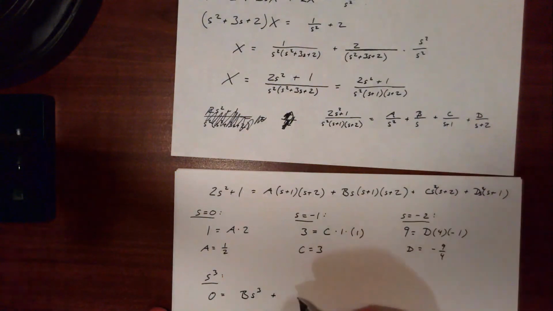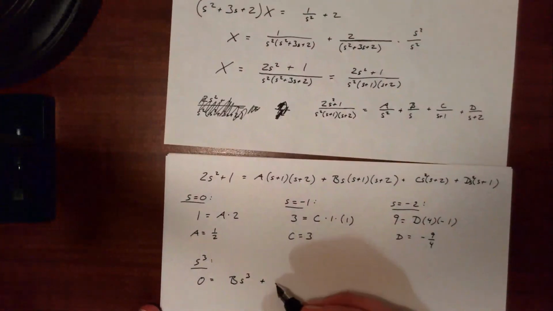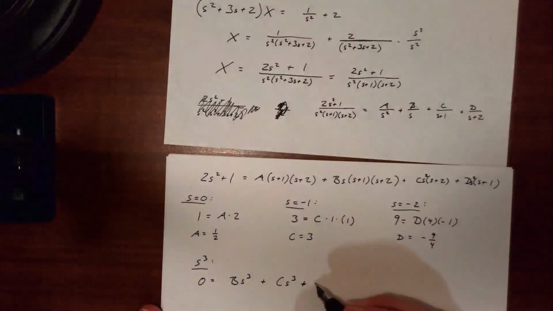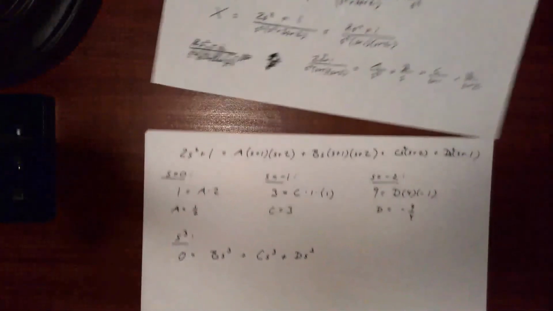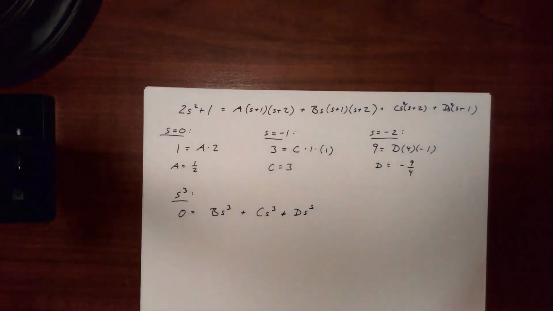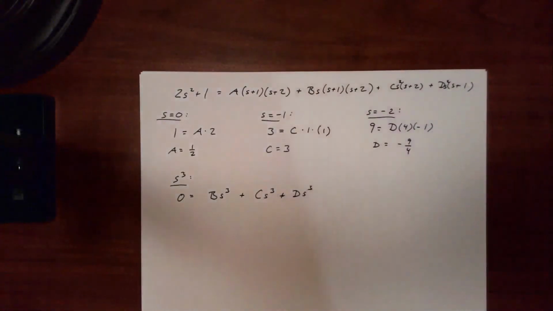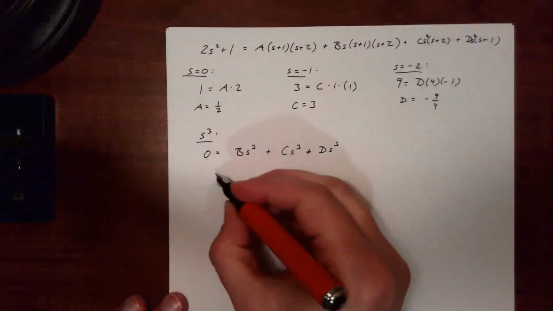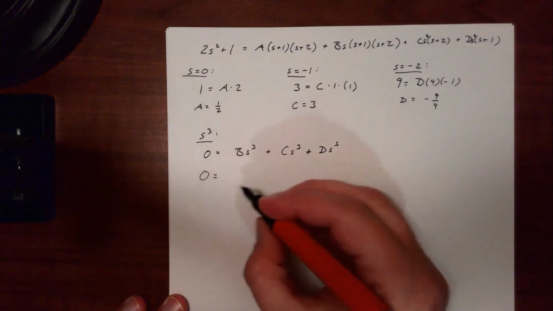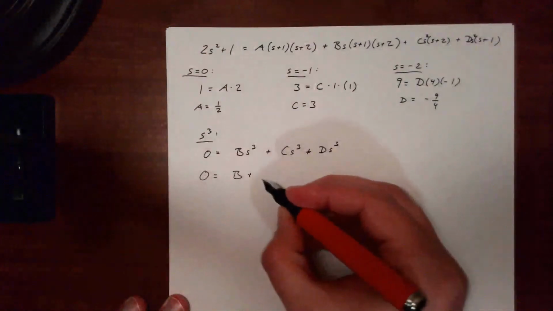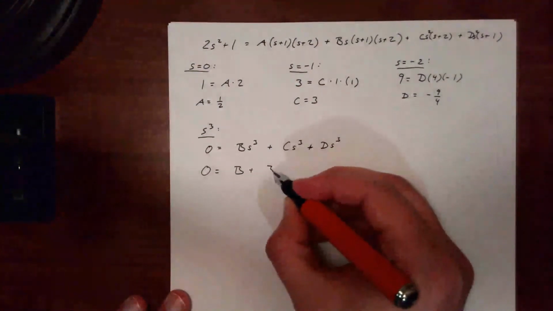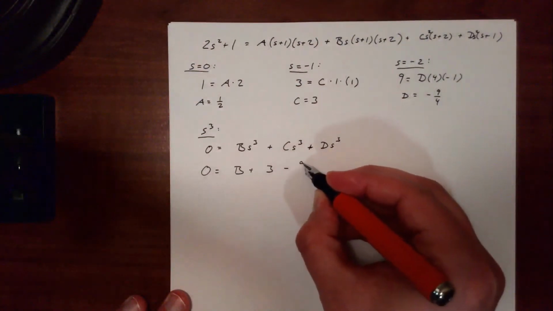Here c s to the third. And here d s to the third as well. Well, we have numbers for all of these. And so b plus c plus d equals 0. So 0 equals mystery b plus the c, which was 3, minus 9/4.